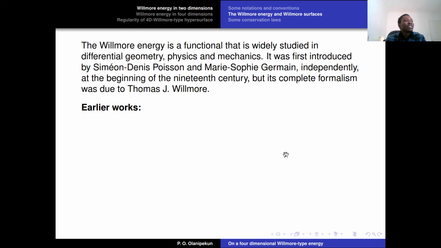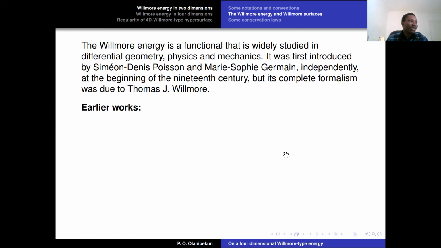It was first introduced by Poisson and Germain, well, independently at the beginning of the 19th century. And that was when they had a kind of competition where they had to explain the phenomenon behind a particular incident. And so that led to the study of what we now know today to be the Willmore energy.